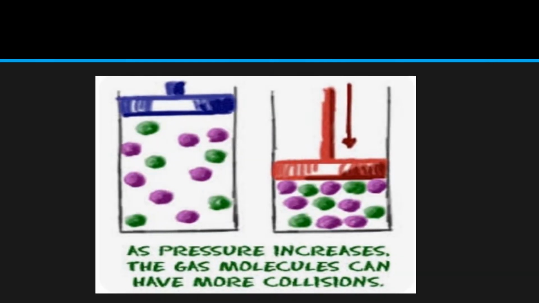Let's begin with the pressure. Now this is an image for your pressure. When you increase the pressure, the molecules collide much faster. As pressure increases, the gas molecules can have more collisions.